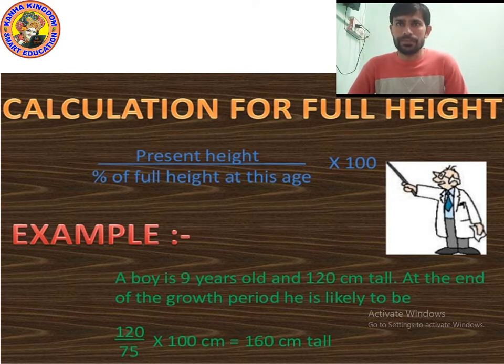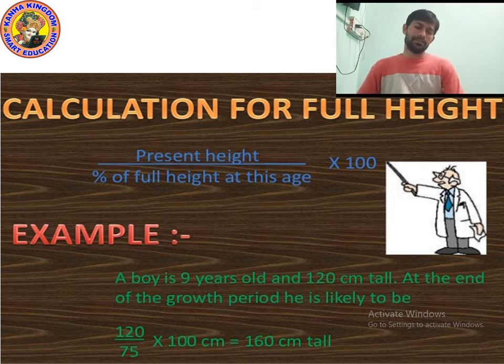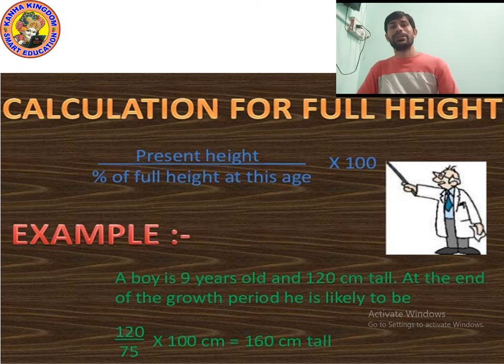And in percentage, we will divide by 75, because at the age of 9, the height of a boy is 75%. So 120 divided by 75 multiplied by 100, then we will get 160 centimeter tall. In this way we can easily calculate the height.